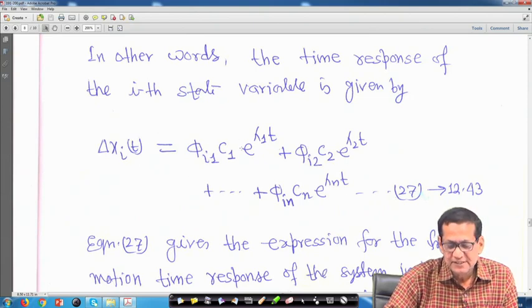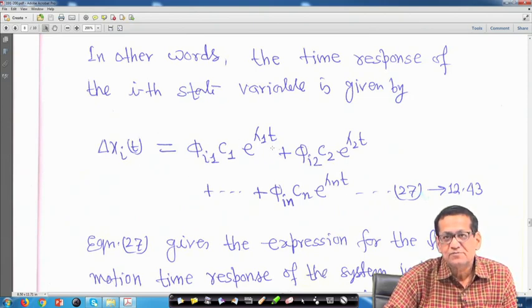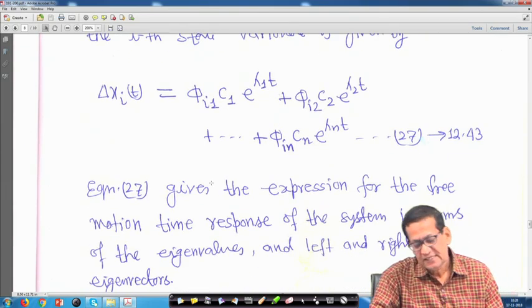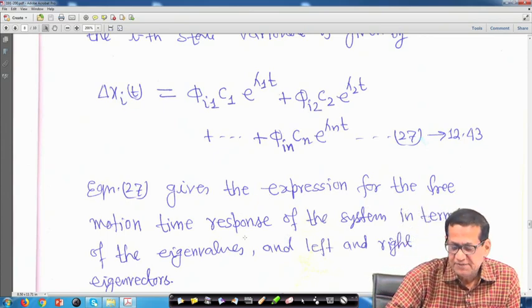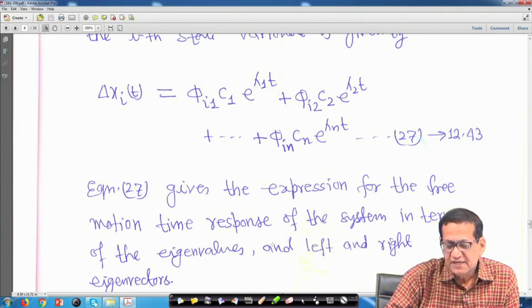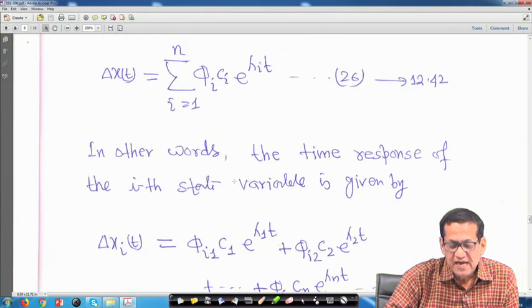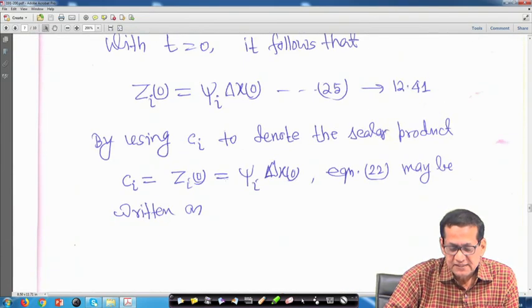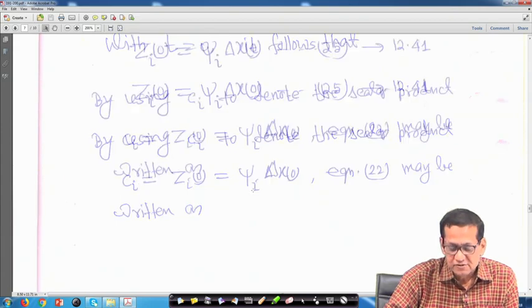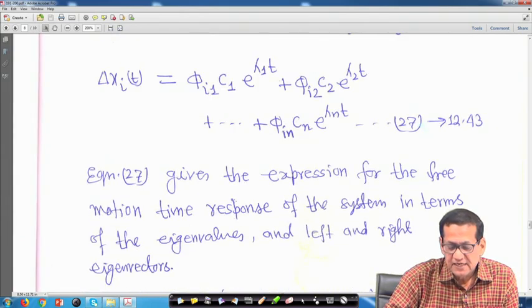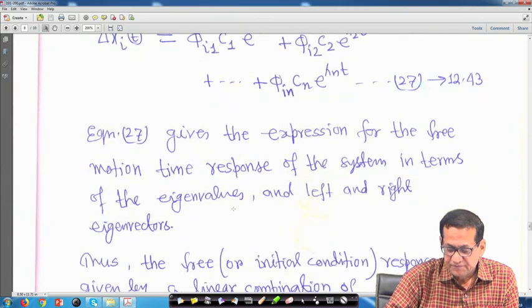Then the response depends on all the eigenvalues. Equation 27 gives the expression for the free motion time response of the system in terms of the eigenvalues and the left and right eigenvectors. Here phi is the right eigenvector, and the constant c i is also a function of psi i, so the response is a function of both the left and right eigenvectors.